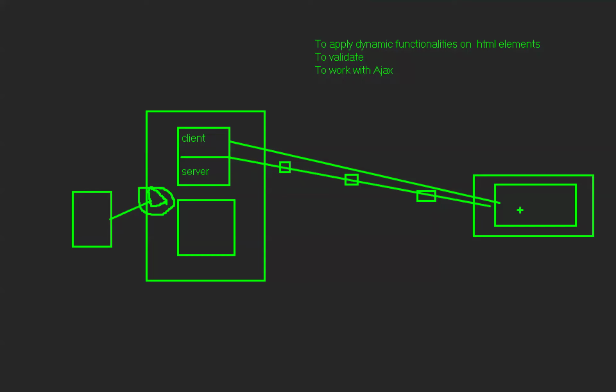Those API services you want to call from your front end, that is, from the browser. Then we work with Ajax. By using Ajax, we call the API services of the server. So we use Ajax to send a request from the browser to the server.